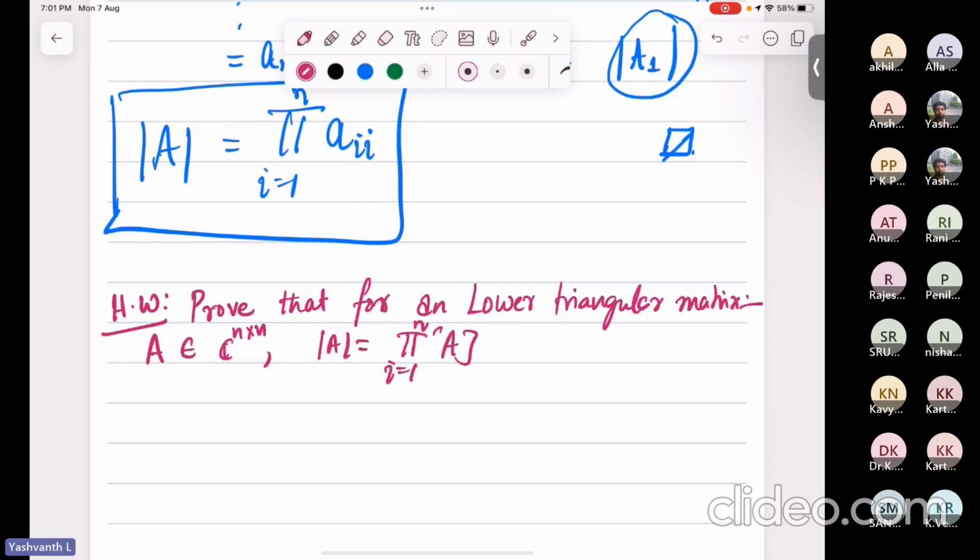So be it an upper triangular matrix or a lower triangular matrix, both will have the property that its determinant is equal to the product of diagonal entries.